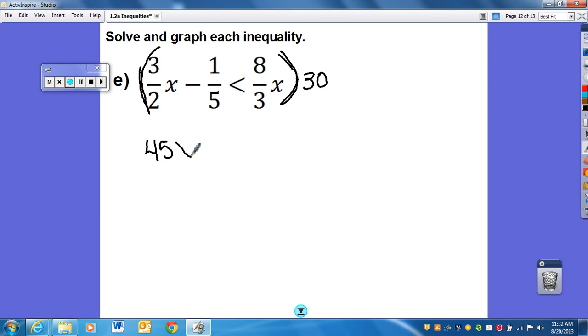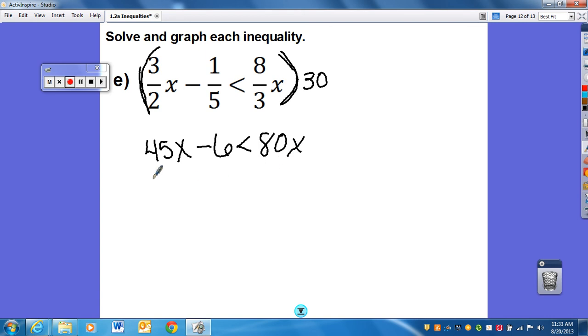Simplified is 45x. Minus 1 over 5 times 30 over 1 gives me 30 over 5, which is 6. Keeping our symbol. 8 over 3 times 30 over 1 is 240 over 3, which is 80x.